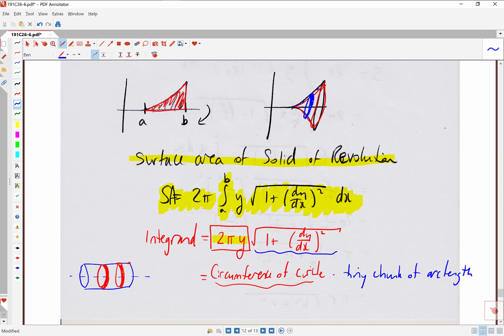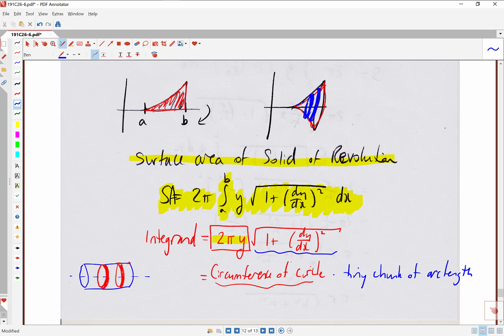So you're getting an area that looks like that. And you could build infinitely many tiny little areas like that along your curve. And what the integral is going to do is sum up those infinitely many, infinitely tiny little areas and overall give you your surface area.